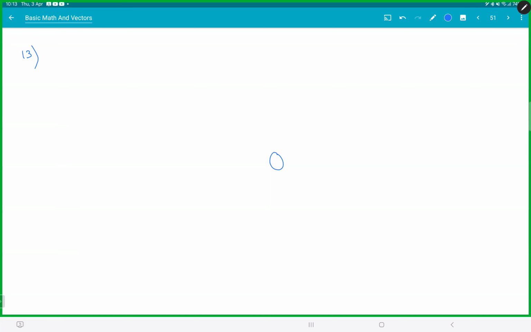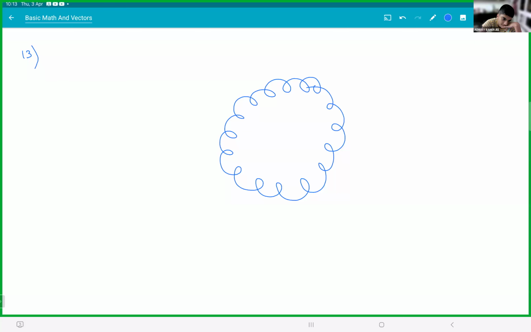Got the question, right? It goes in a jalebi motion, isn't it? You ever seen a jalebi? Yes, sir. It looks something like this, isn't it?